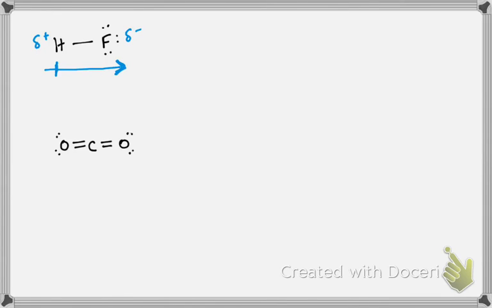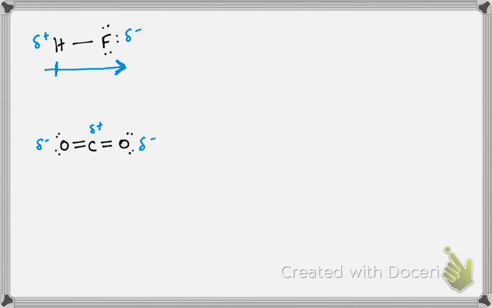Well, you want to have a periodic table on hand, and if you notice, oxygen in the periodic table is more electronegative, has a higher effective nuclear charge than carbon.